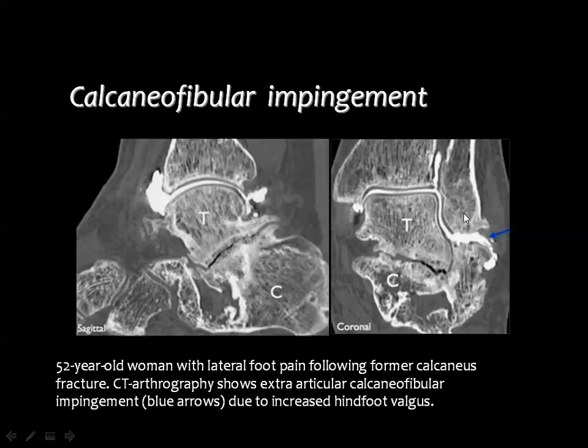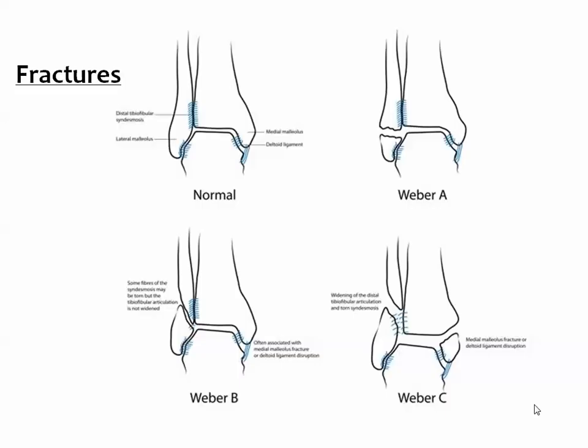Then you can see that there is almost direct contact between the calcaneus and the fibula, with this articulation developing secondary osteoarthritic changes. Now we came to the fractures around the ankle and the foot.